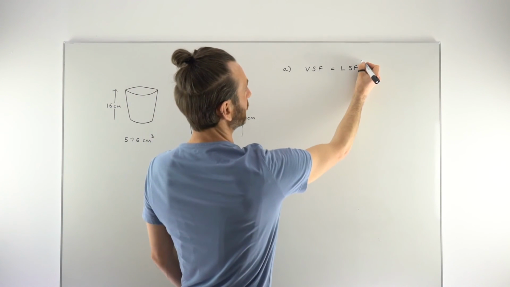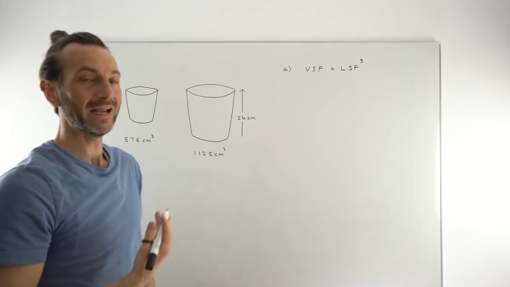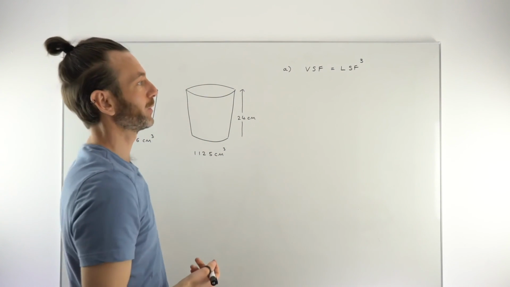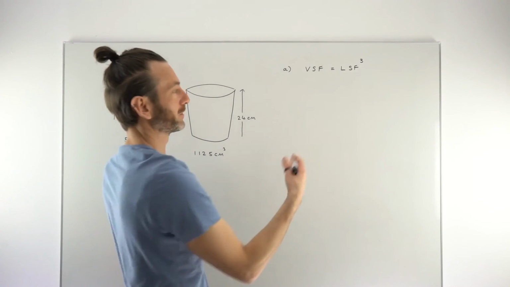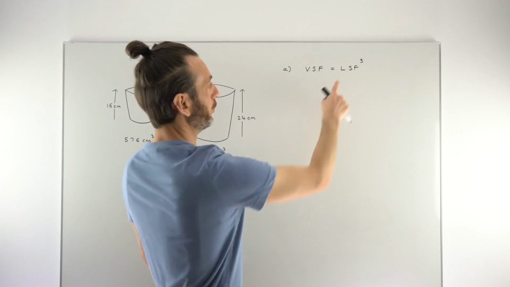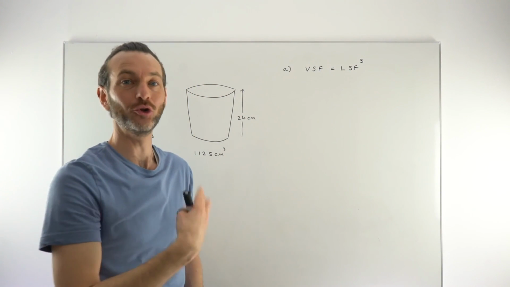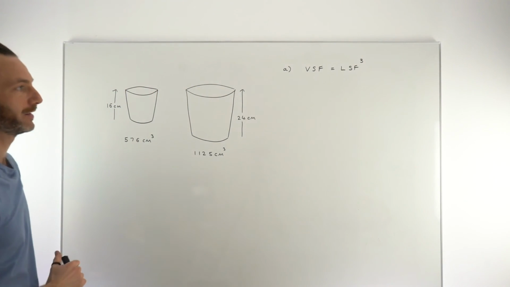So the volume scale factor is the linear scale factor cubed. The area scale factor, which is not relevant to this question, but does come up quite often in these, is equal to the linear scale factor squared. But this is really the formula that we want to violate in this question. We want it to not work out because they're not mathematically similar, the question is telling us.